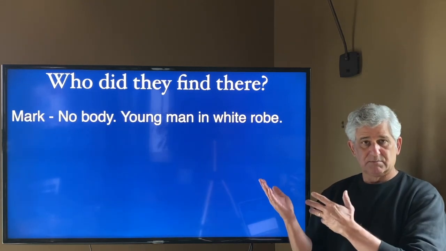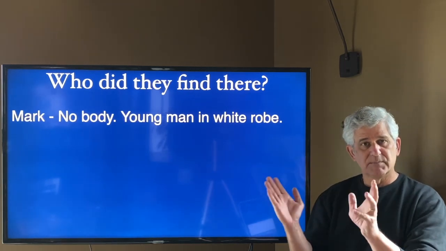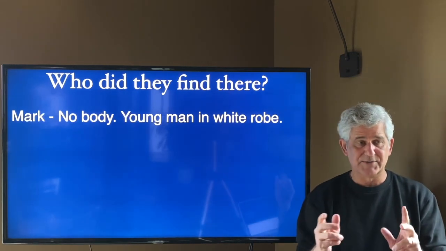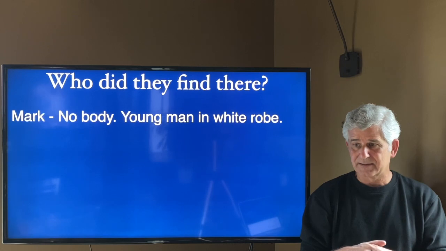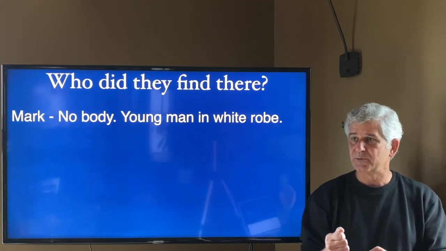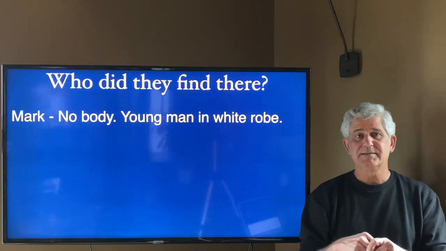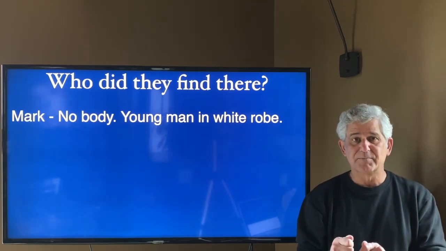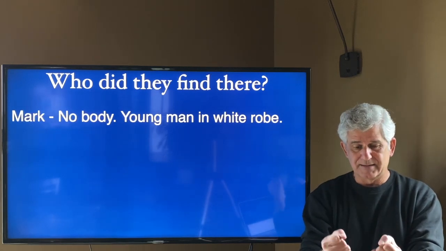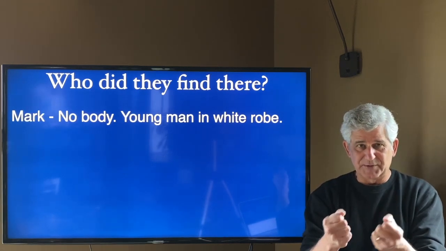Now, we presume this is an angel. Some people have connected this young man to another young man who makes a cameo appearance in the arrest story. When Jesus was arrested, Mark says there was another young man there who they tried to grab, and he ran naked from their grip.